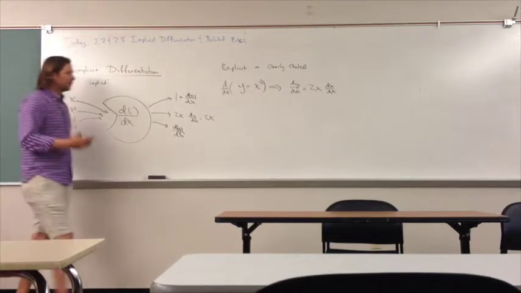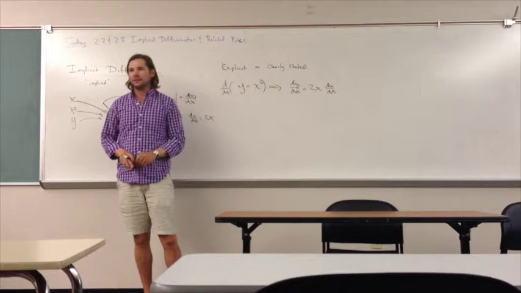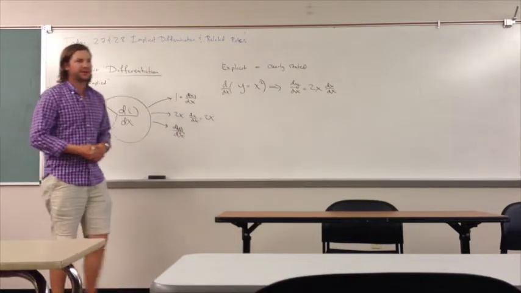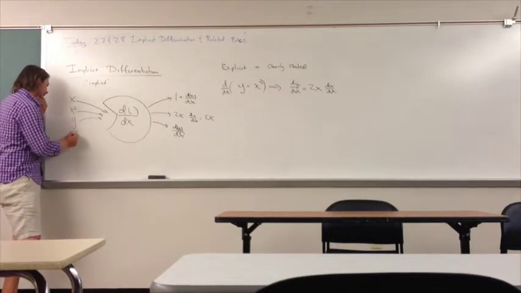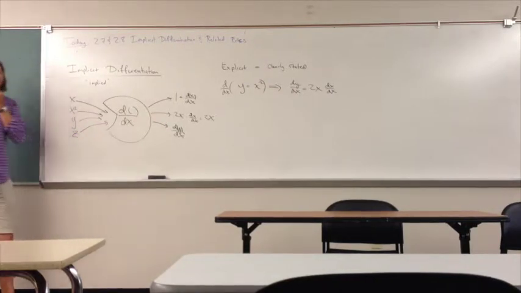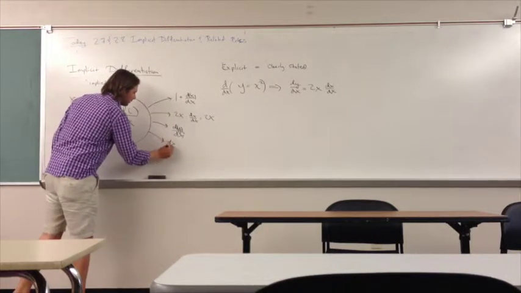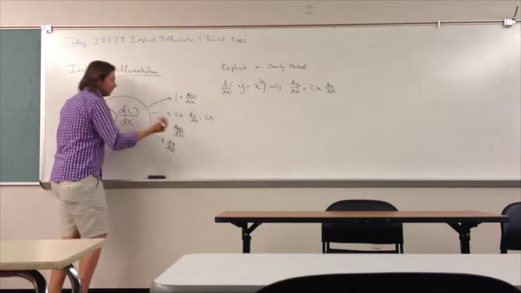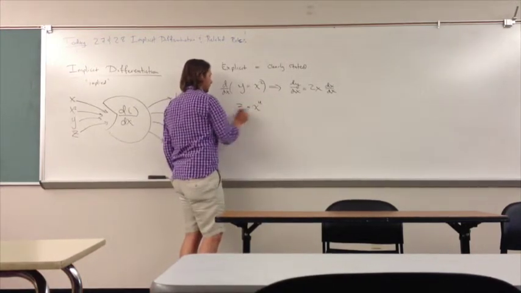So every time you've seen a y so far, you've written dy dx. What if I were to feed it a z? It would spit out dz dx.